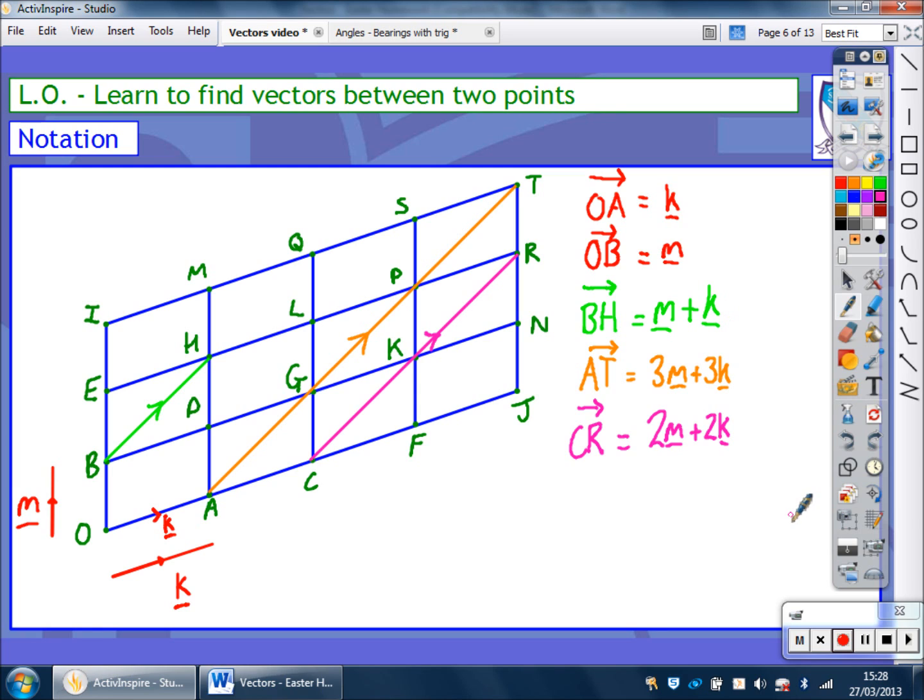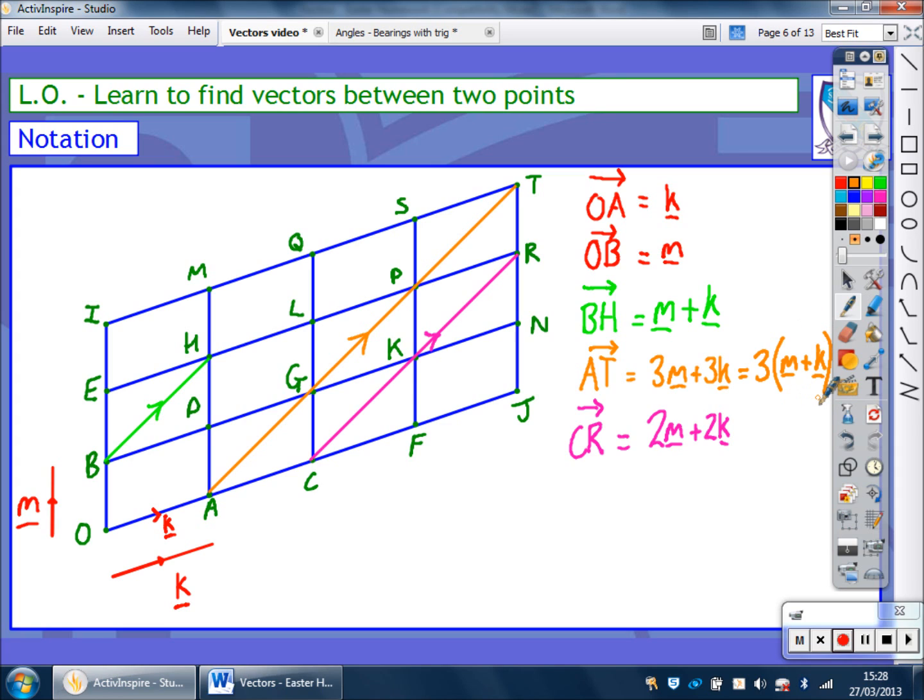But what I want to do with A to T is factorize out the number 3. And what we get is 3 times M plus K in brackets. What that means is this is just 3 times the vector B to H, because B to H is M plus K, so A to T is just 3 times the vector B to H.